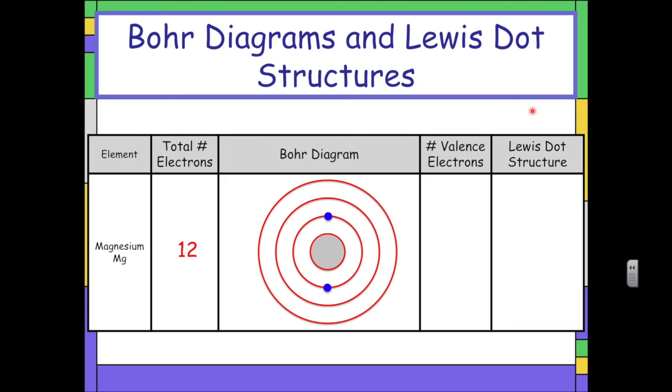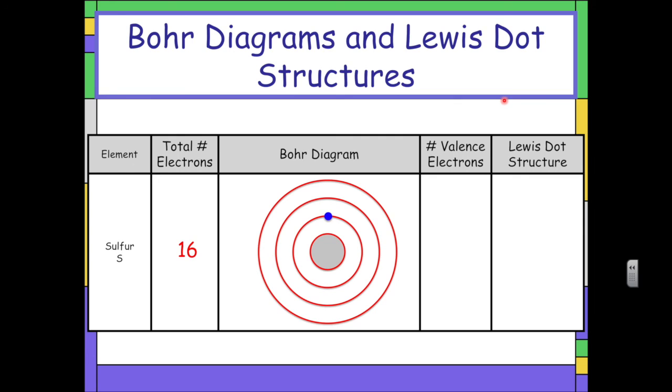For magnesium, we fill up our core electrons first, and you should have 2 valence electrons here. Okay, so you would put 2 valence electrons like so, and then beryllium is like that as well.